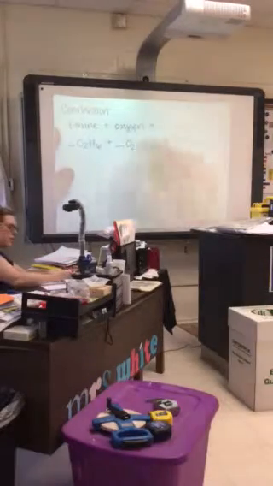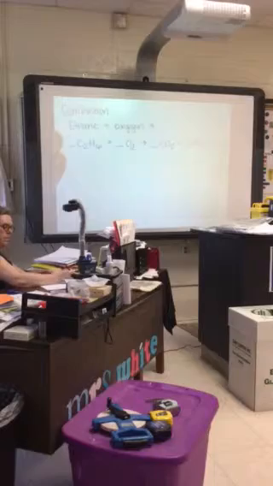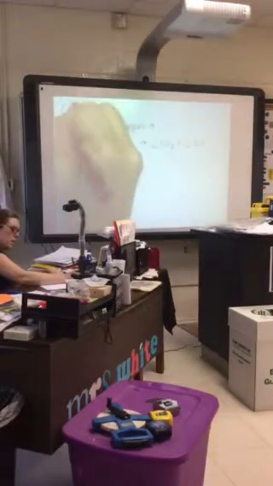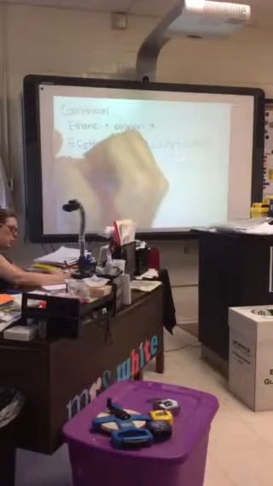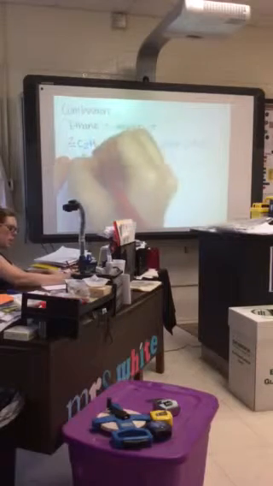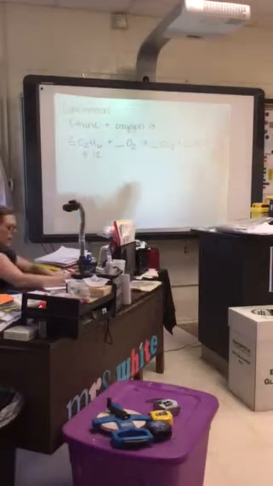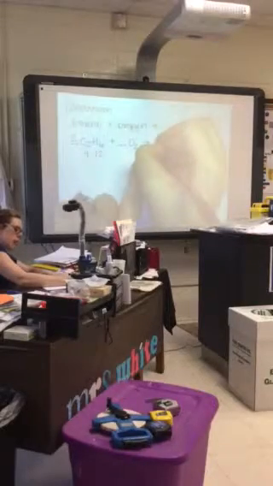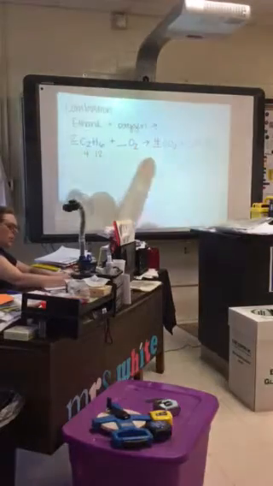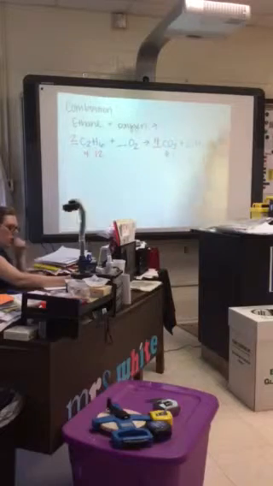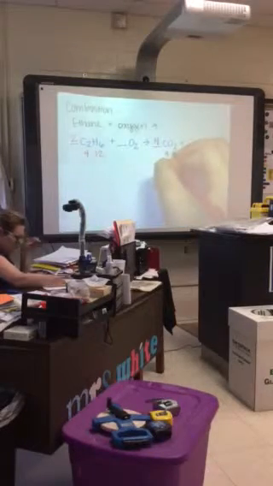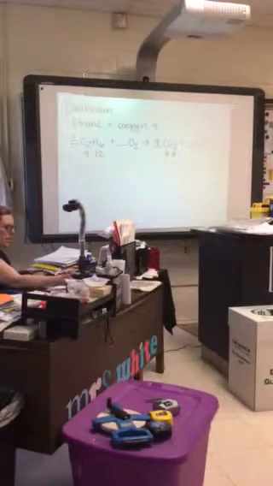You got to multiply everything by 2. So this one is represented as a 1. So I'm going to make it a 2. That's going to give me 4 carbons and 12 hydrogens. Alright, I'm going to change this one to a 4. That's going to give me 4 carbons and 8 oxygens there.